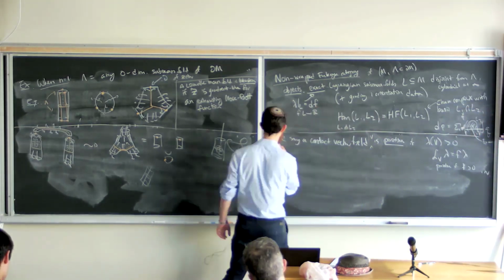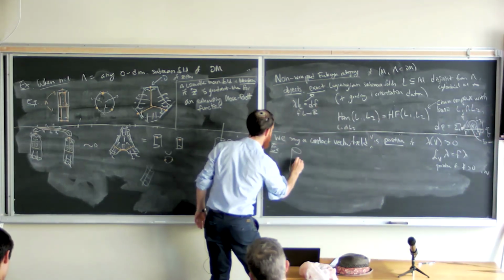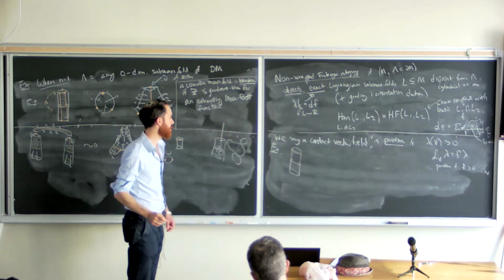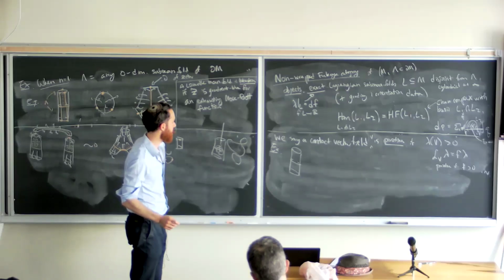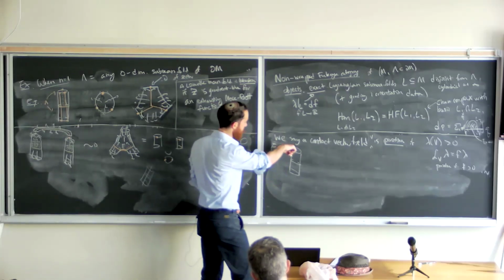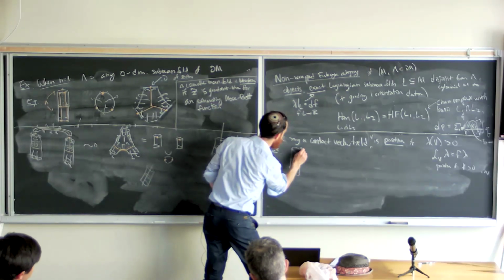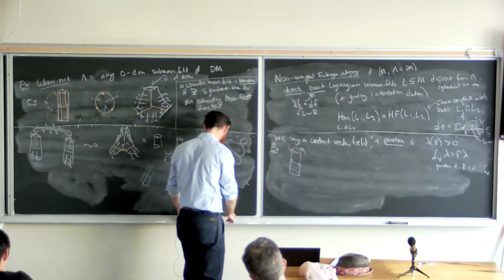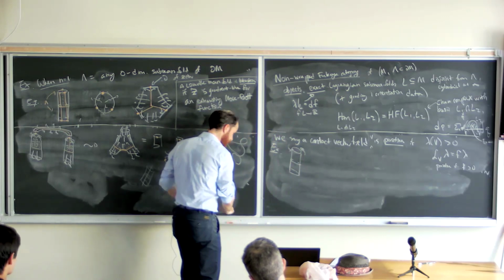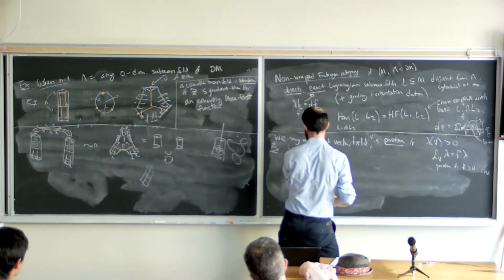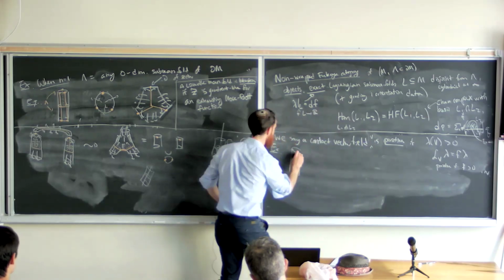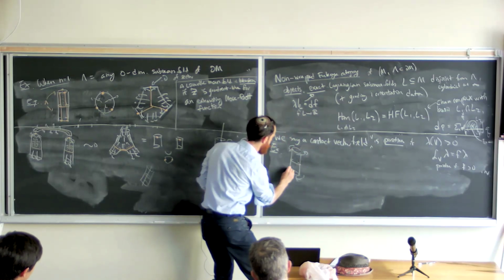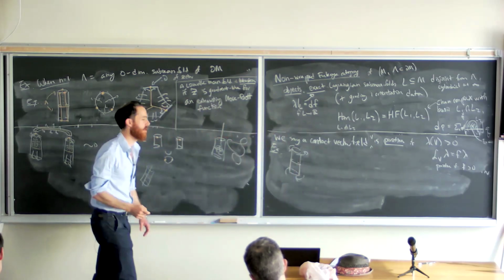As an example, on the cylinder T star S1, you can check that the positive contact vector fields on this top circle are the ones that go one direction. Maybe I'll use blue. The positive contact vector fields are the ones that go like this, and on the bottom, the positive contact vector fields are the ones that go in the opposite way.